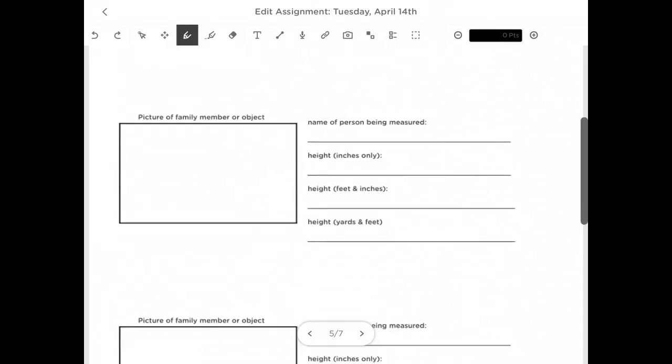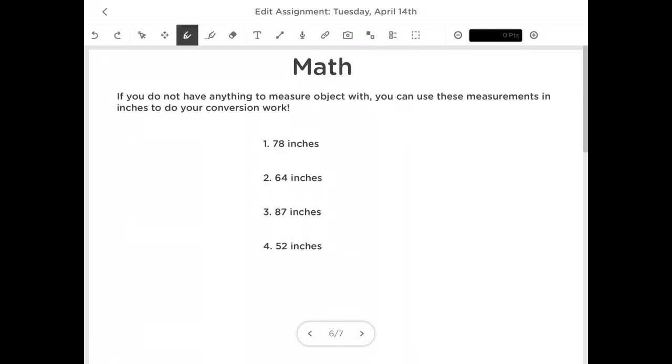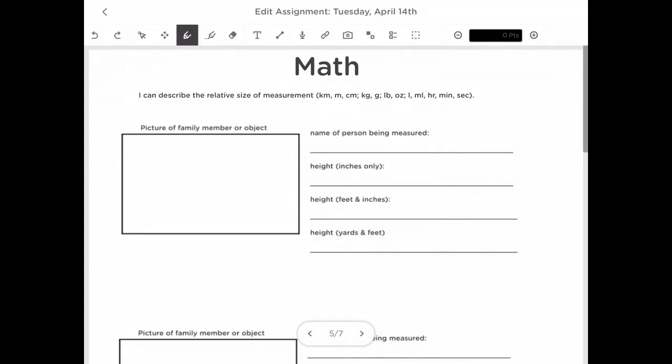So you're going to do exactly like I did, but with your 4, and fill out all of that, and you can use the empty spaces to show your work, or you can do it on paper if you prefer paper. If you do not have a tape measure or anything that has inches on it, you can use the certain amount of inches that I have put on slide 6 to do your work. And then you will upload your finished work onto Seesaw.